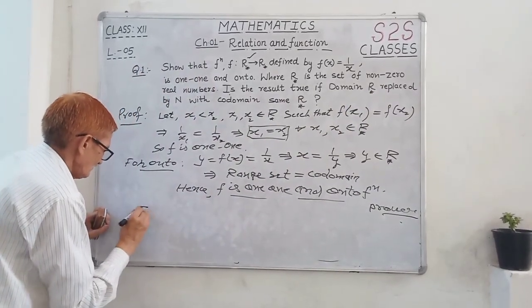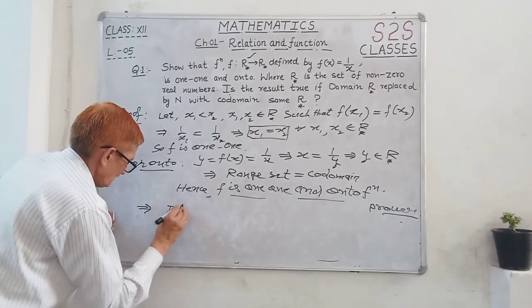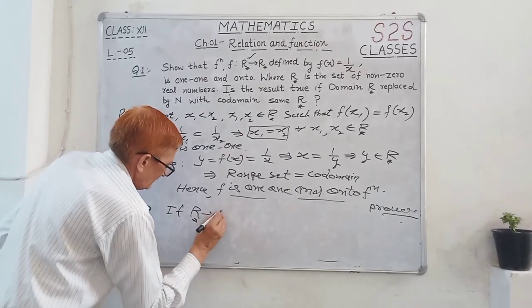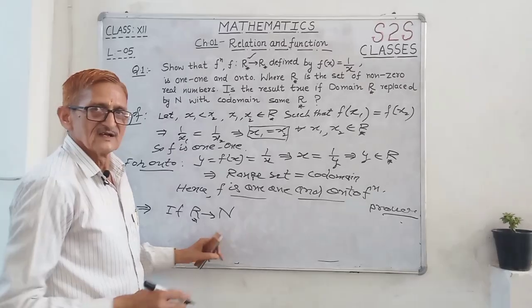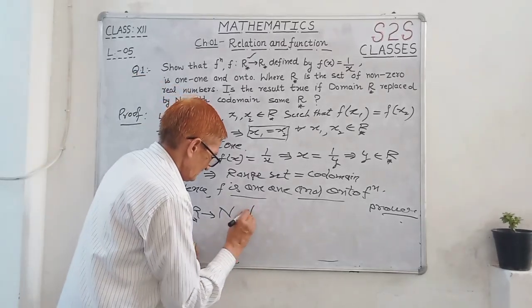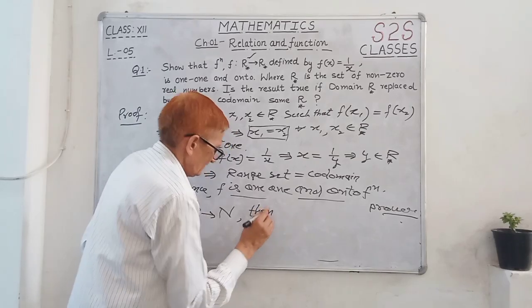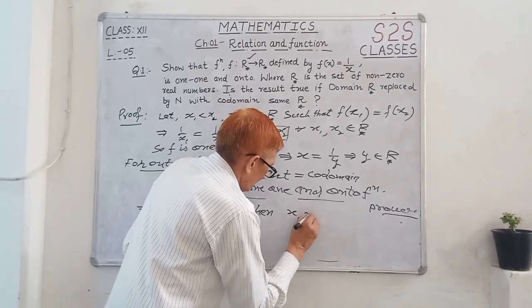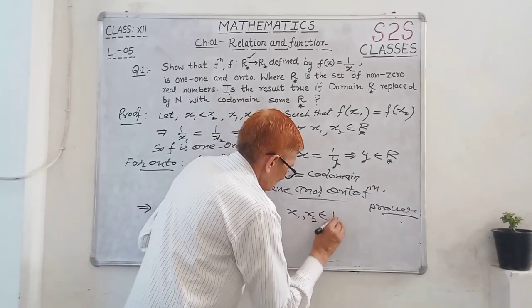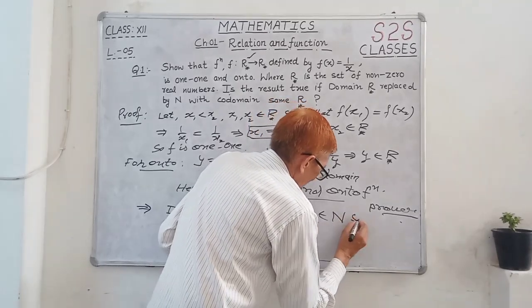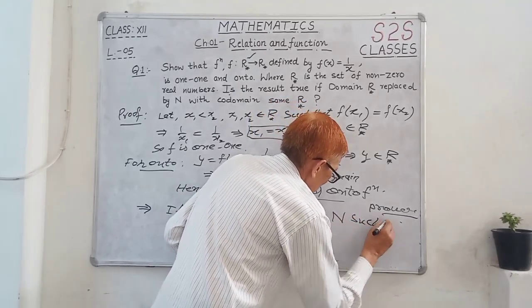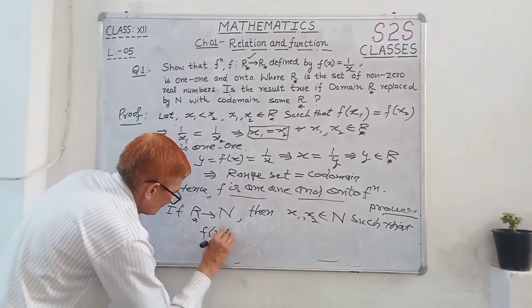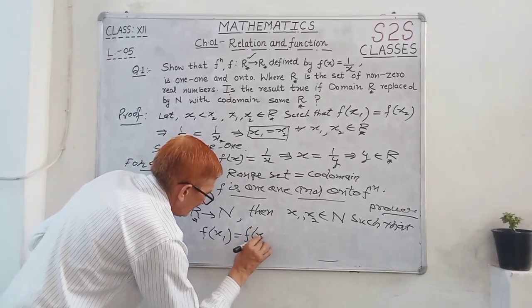So now additional: if R star is replaced by natural numbers, then x1, x2 belong to natural numbers such that f(x1) is equal to f(x2).